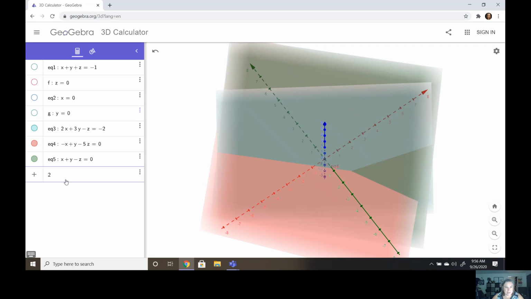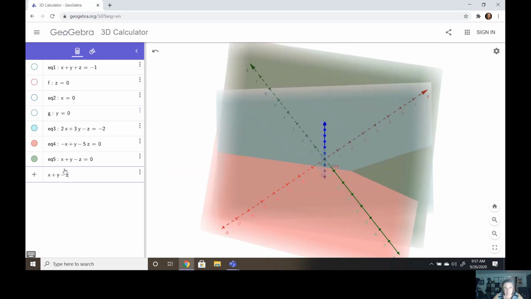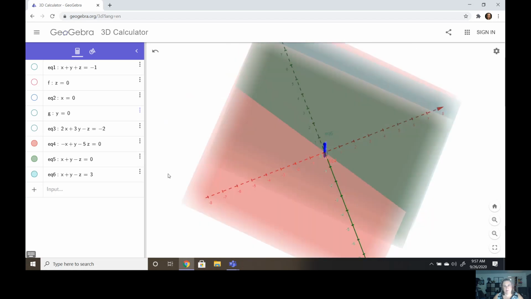Let me put another plane in here, and then I'll get rid of one of the others.